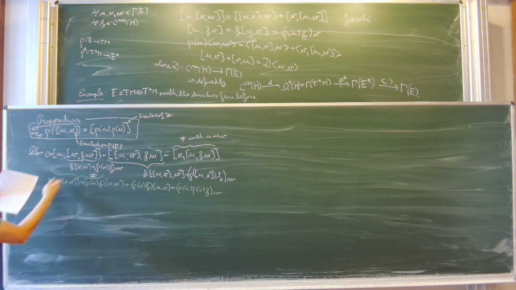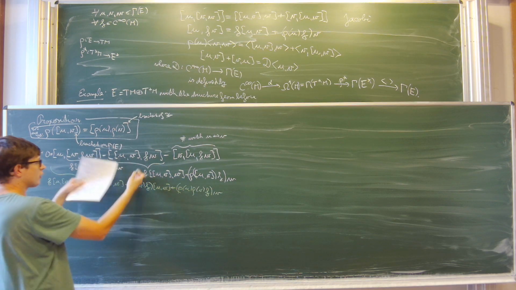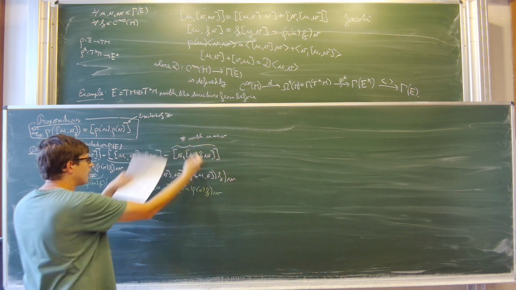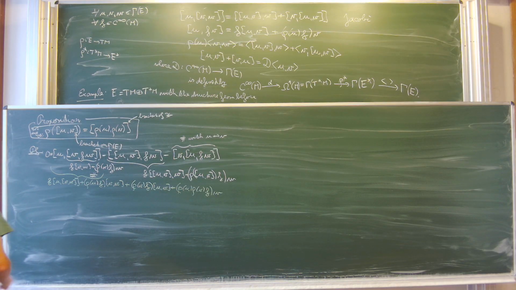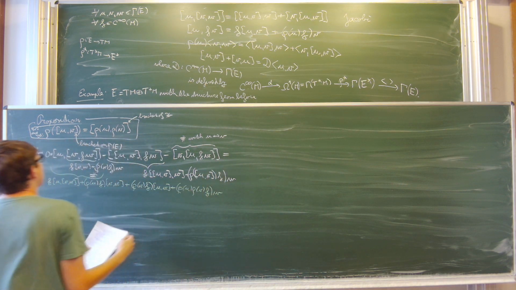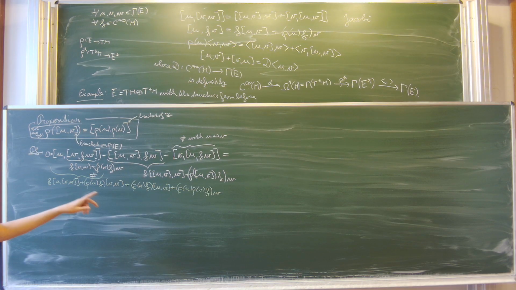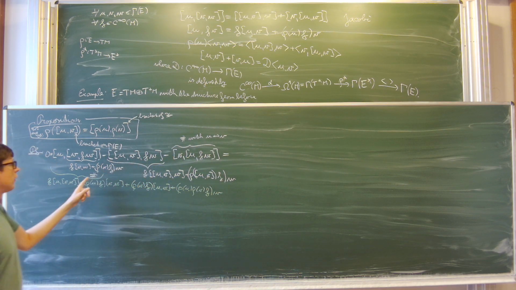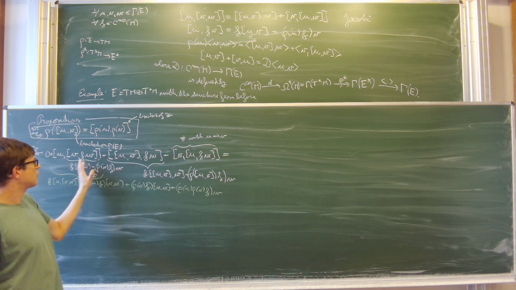So the first term really is these four guys. The second term is these two guys, and this last guy is the same as these four guys, but with U and V switched. So if I now collect everything, let's just look at the first and the last term.